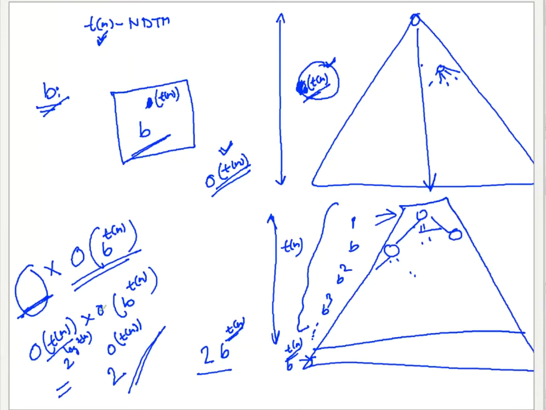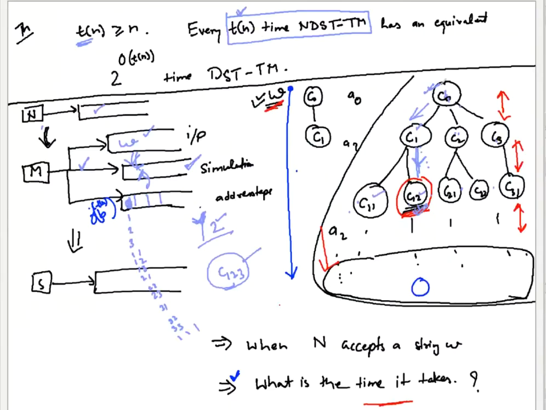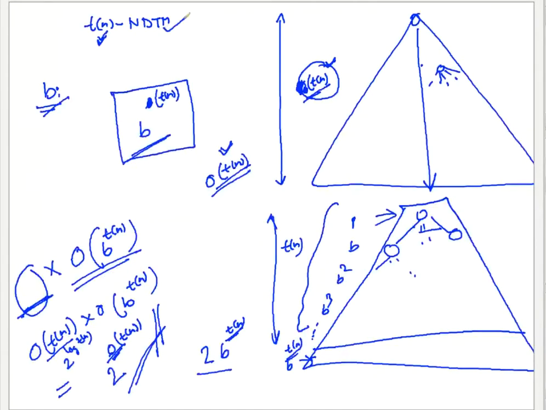Finally, when you sum it up, it is 2 to the power Tn plus some small order term, so ignoring that, you get order Tn. So to simulate a Tn step non-deterministic Turing machine, you take 2 to the power order of Tn time on a 3 tape deterministic Turing machine.